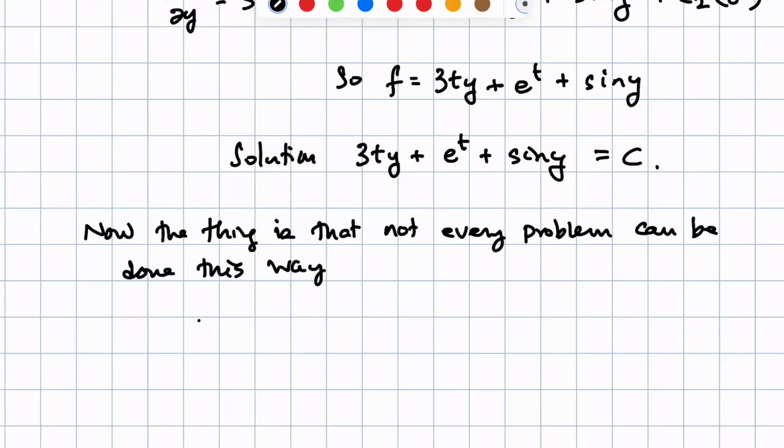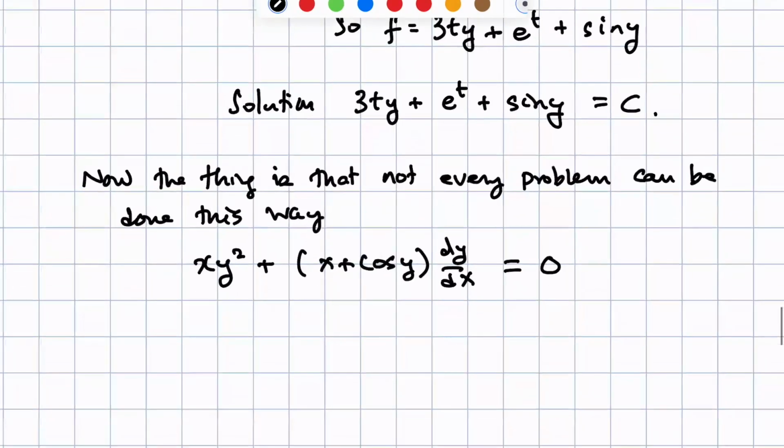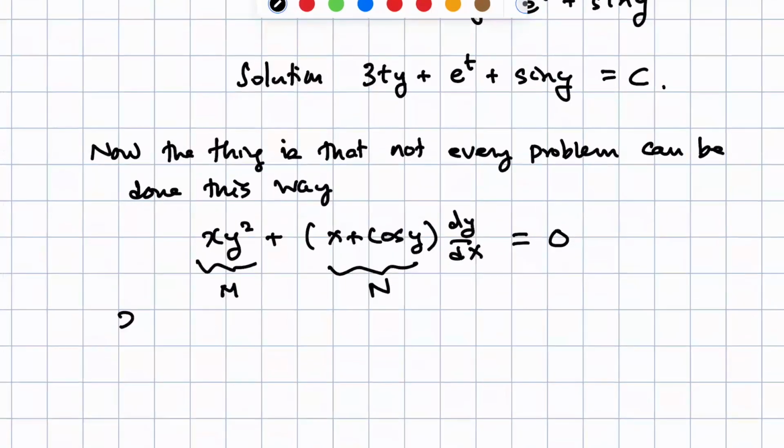So for example, if I just had something like xy squared plus, say, (x plus cosine of y) dy/dx equals 0. Say I have an M here, and then I have an N here. And then I ask myself, is there an f that can give me this and this simultaneously?